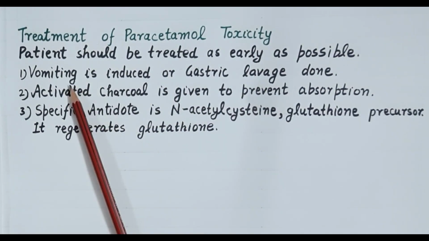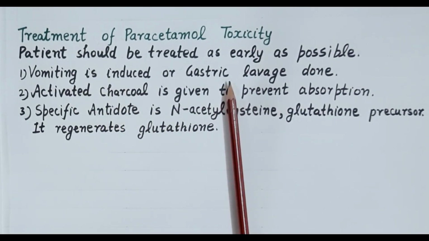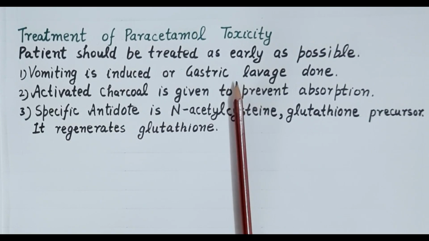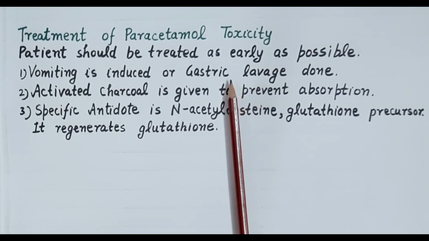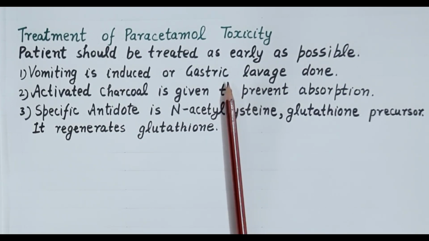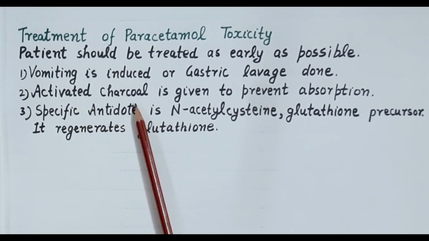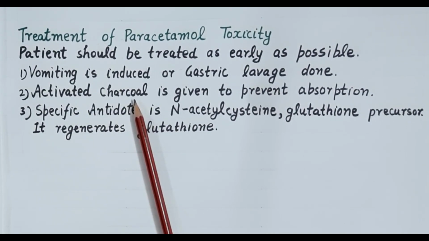First, vomiting is induced or gastric lavage is done. Gastric lavage is a process to clean out the contents of the stomach. Vomiting or gastric lavage removes paracetamol from the stomach. Then activated charcoal can be given to the person. Activated charcoal absorbs paracetamol.